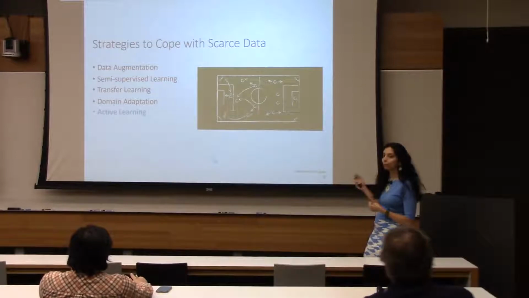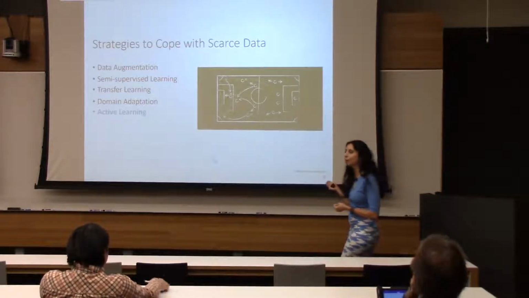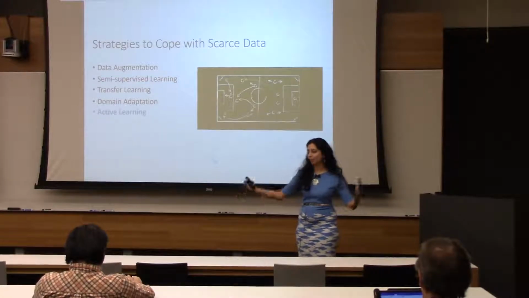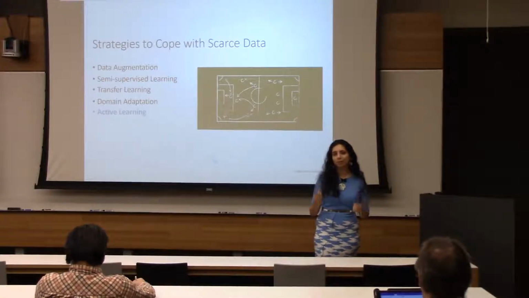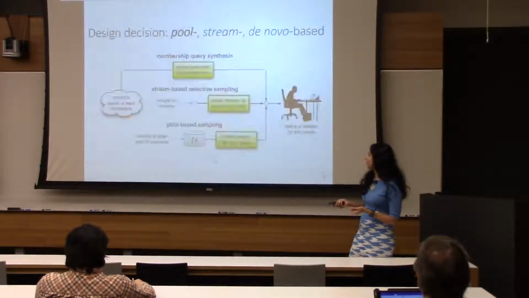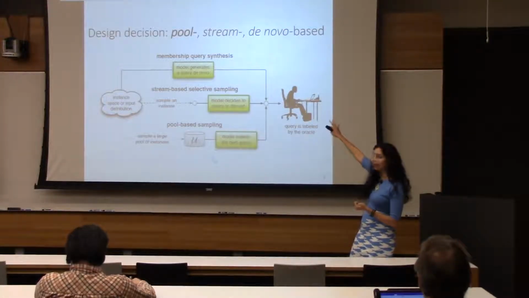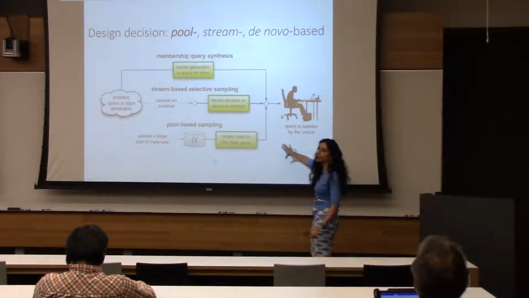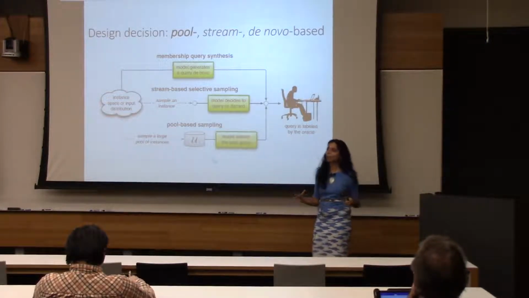And then what we were focusing on was active learning, where given a task, given the domain of unlabeled samples, how do you strategically decide what to label? Right, and here we saw there were mainly three setups. The most common is the pool-based sampling, where the pool of unlabeled samples is fixed.